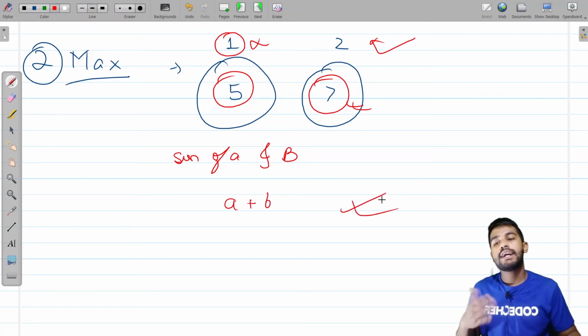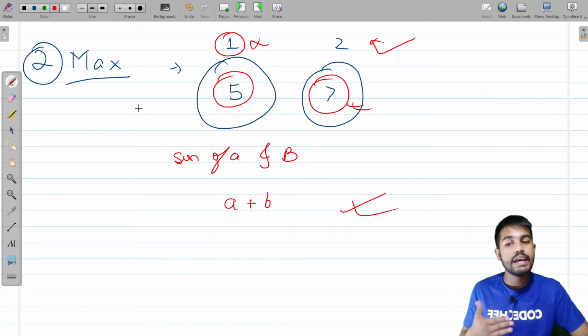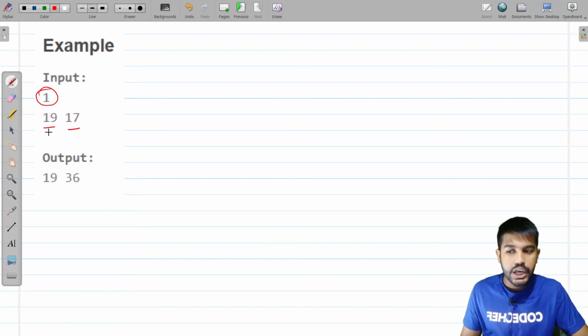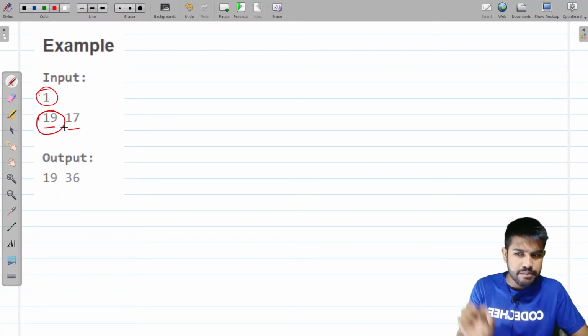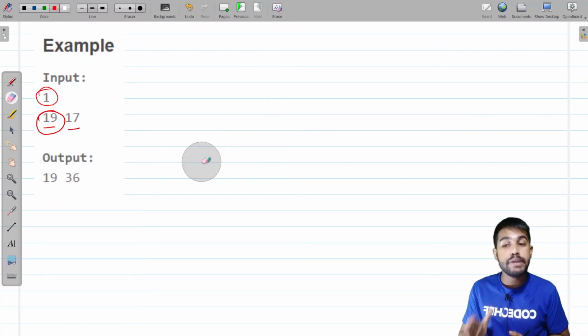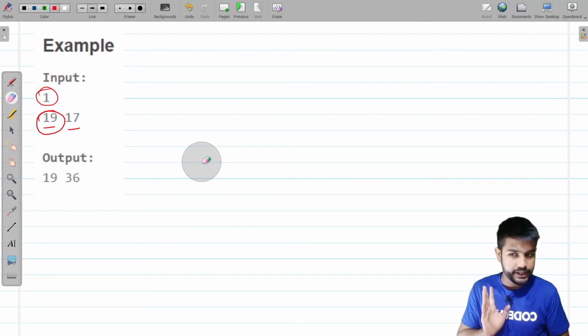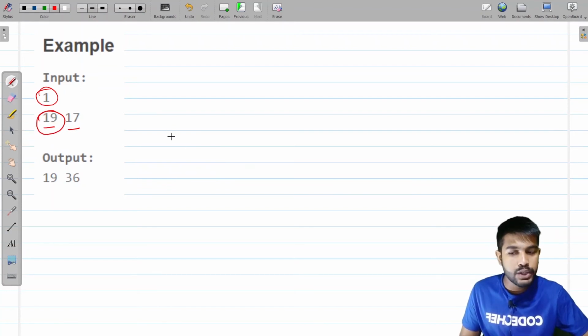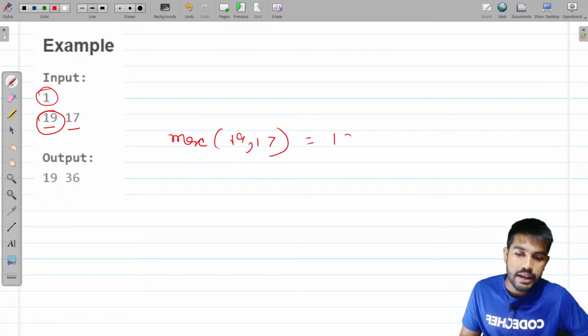Now let us go to the sample test case and see if we are correct or not. We are given one test case in the sample. The first guard counted 19 and the second one counted 17. The count of the first guard is more accurate because he may not have missed anything, and 17 might have missed 2 counts. At first we need to report the minimum count the chef entered, which is the maximum of A and B. The maximum of 19 and 17 is 19 itself.